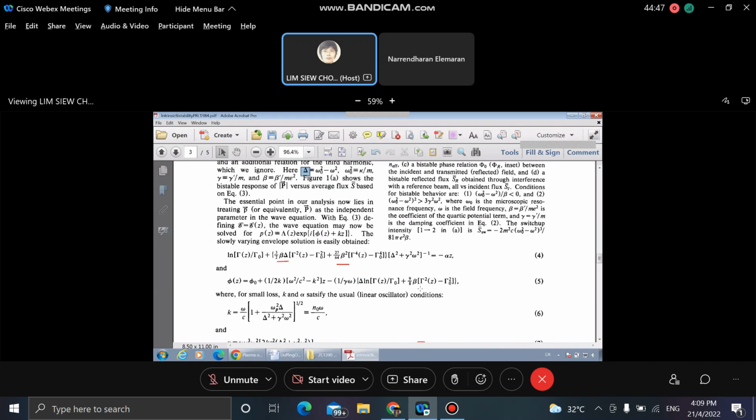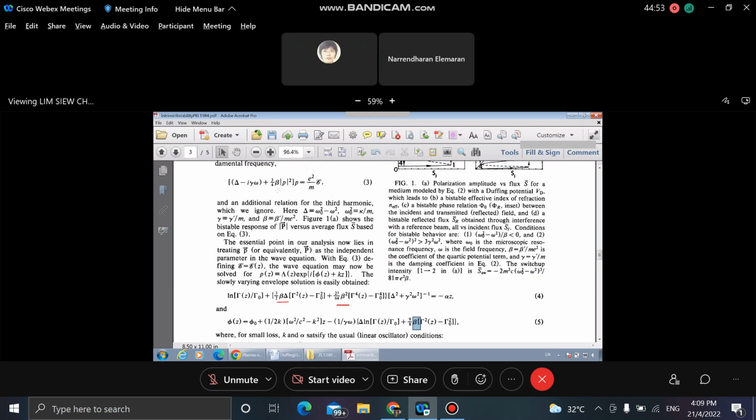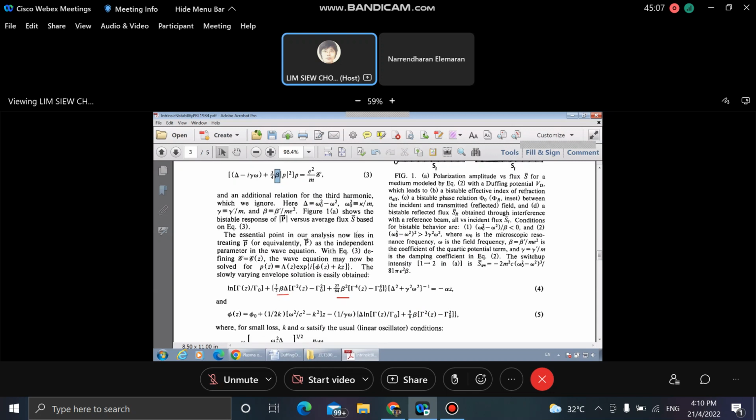And beta. Can you see any beta? Yes, beta is from above. Beta is the nonlinear coupling. So beta is a value that you give to the system also.